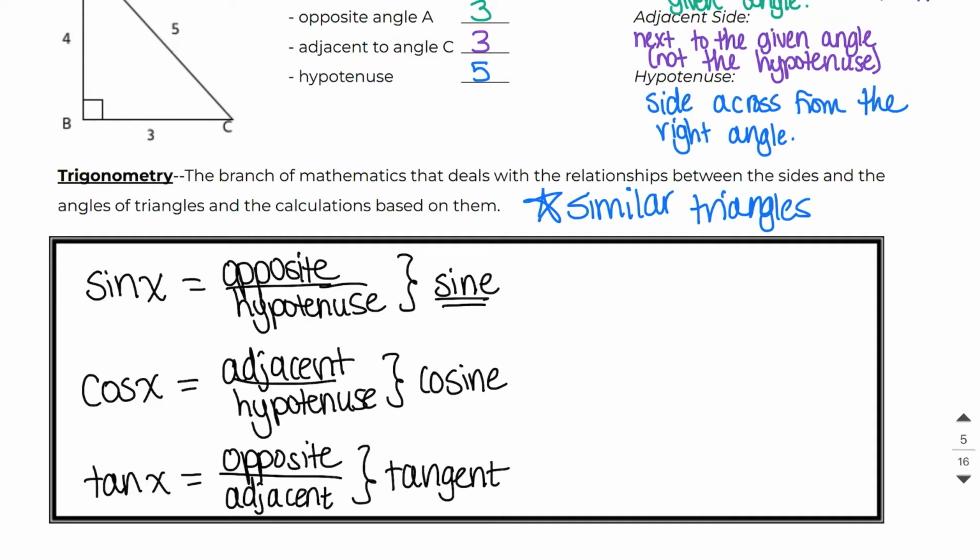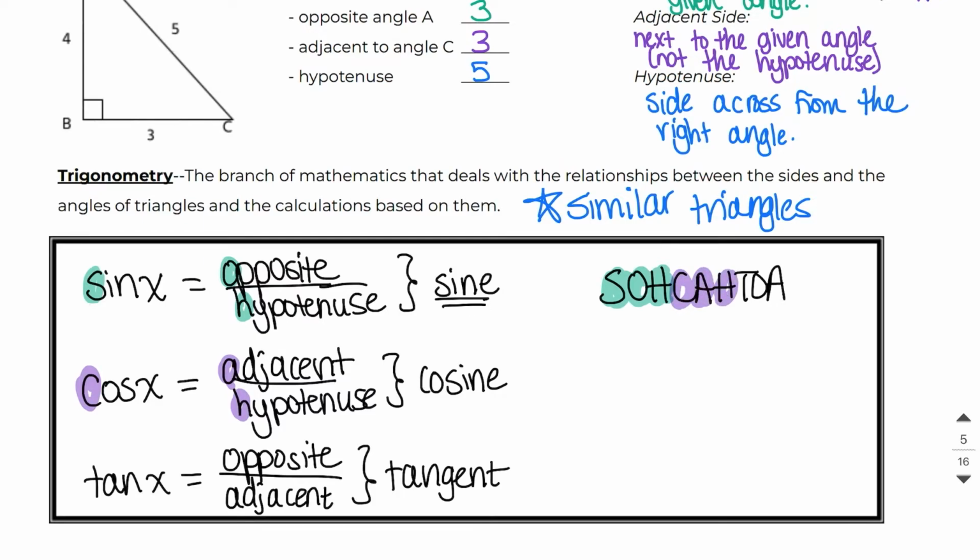And a little mnemonic device to help you remember this is something called SOH CAH TOA. Sometimes you'll see it written out like this. Why is it SOH CAH TOA? Because sine is opposite over hypotenuse. Cosine is adjacent over hypotenuse.